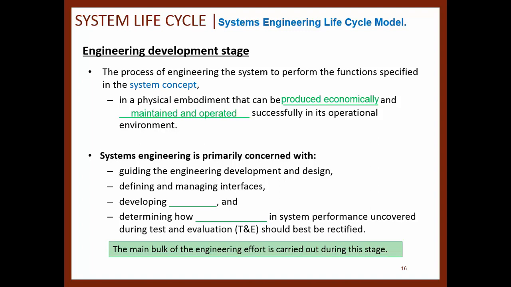Okay, so the system engineer is primarily concerned with guiding the engineering development and design, defining and managing interfaces, developing test plans, and determining how discrepancies in the system performance uncovered during the test and evaluation should be best rectified. The main bulk of the engineering effort is carried out during this stage, during the engineering development stage.